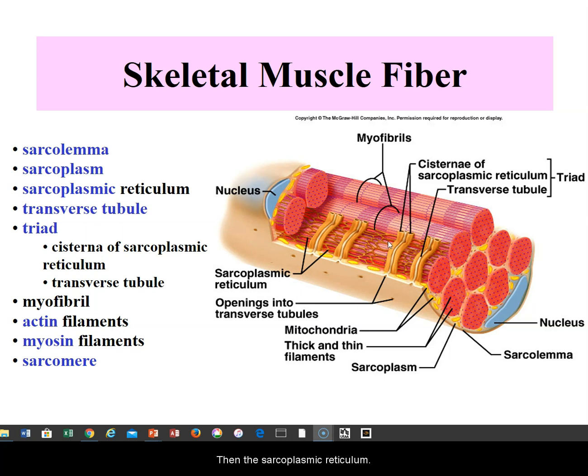Then the sarcoplasmic reticulum, you have the cisterna. The cisterna of the sarcoplasmic reticulum, a little bit larger tube in this delivery system. And then in the center here, this is called the transverse tubule. So cisterna of sarcoplasmic reticulum, cisterna of sarcoplasmic reticulum, and the T-tubule, and all three together we call that the triad.